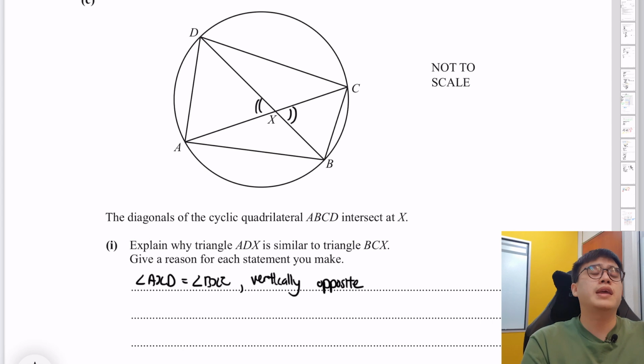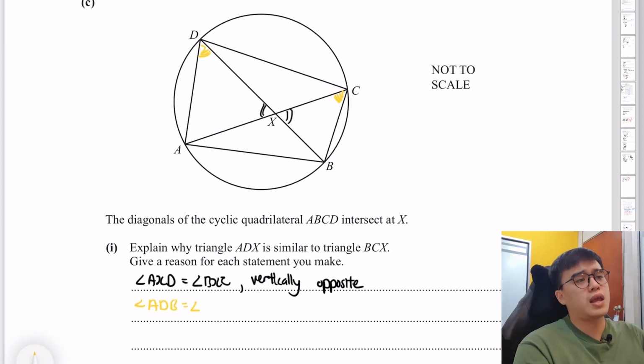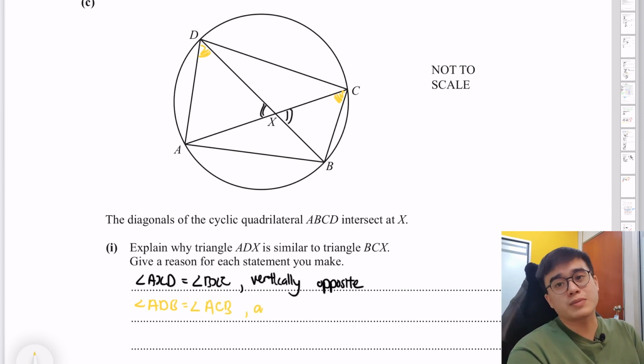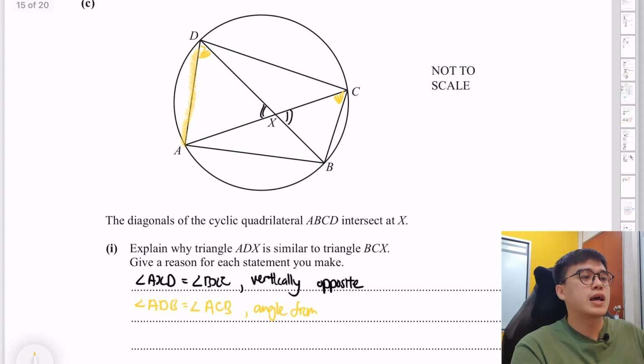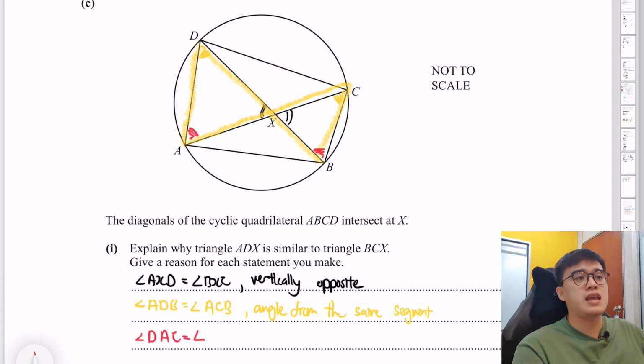This will get me that angle ADB equals angle ACB because they are angles from the same segment. And the last one will be the same, but this time around it is DAC equals DBC. This is also angles from the same segment.